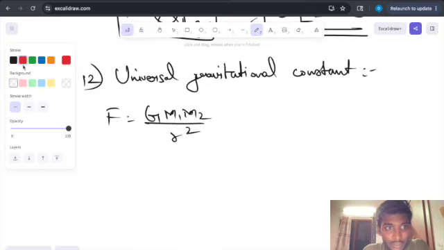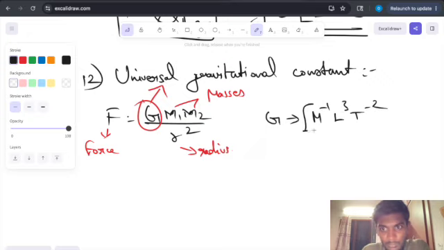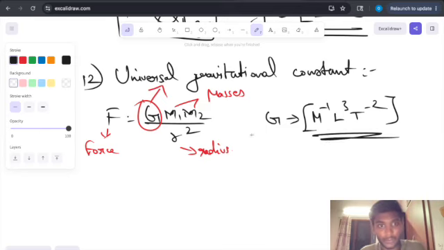G is the universal gravitational constant, F is force, m1 and m2 are masses, and r is the radius. From this we can derive G to be M inverse L cube T to the power of minus 2. I've derived this in detail in my previous video.